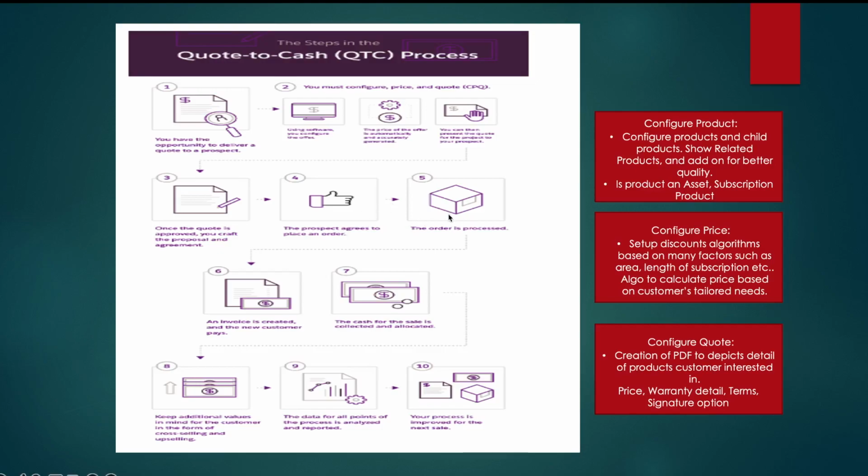Once the order is placed and fulfilled, for example, the internet is installed, then activated, then the invoice is created, then the cash for the sale is collected from the customer. Then lastly, we keep an additional value in mind for the customer in the form of cross-selling and upselling. If you want to cross-sell something and improve your sales, afterwards you can use Einstein Analytics to find the next best option for this customer, all of those things.